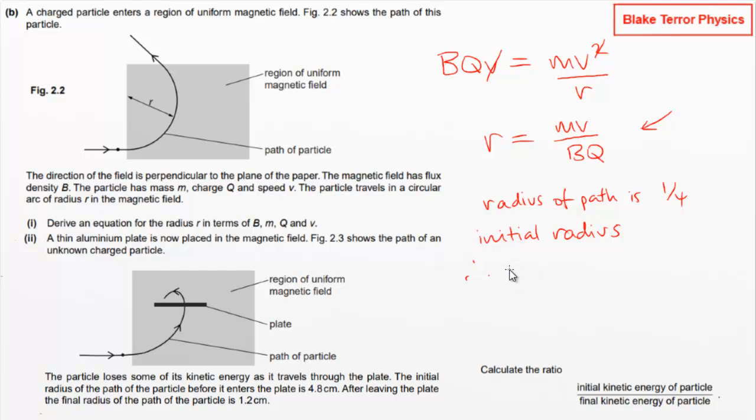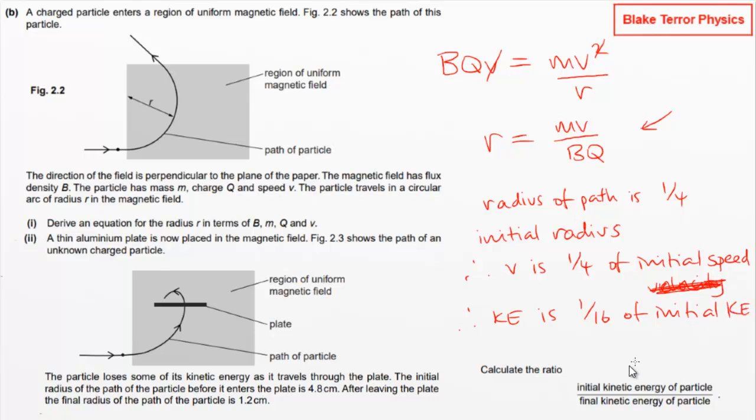Therefore, v is 1/4 of the initial velocity. Maybe we should say speed, because it is going in a circle. So v is 1/4 of the initial speed. Therefore, kinetic energy is going to be 1/16 of the initial kinetic energy.